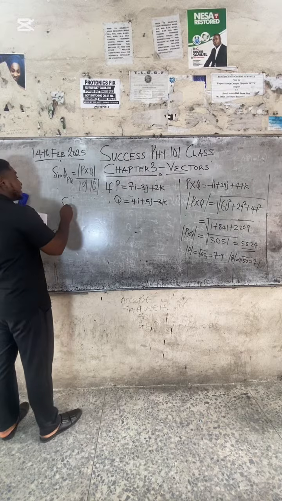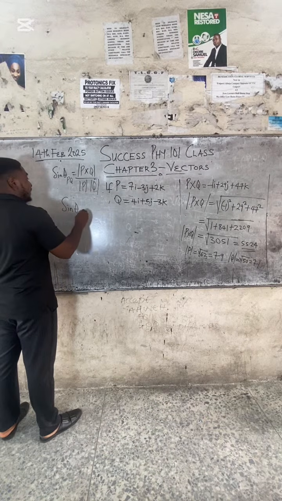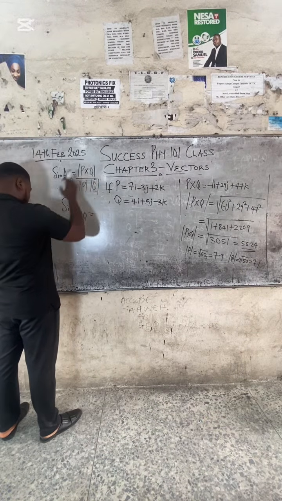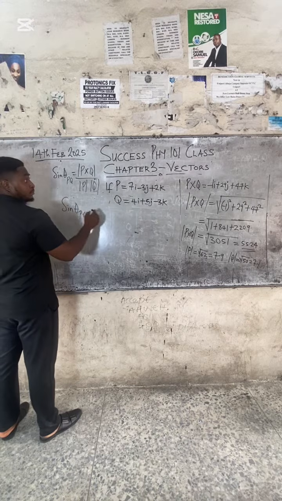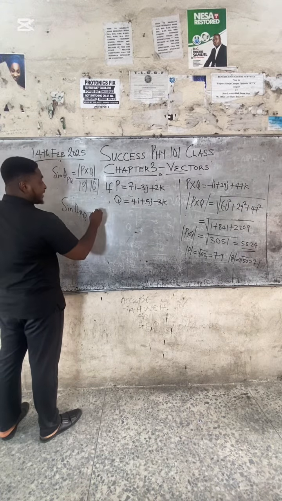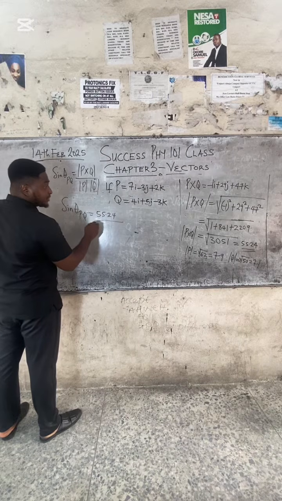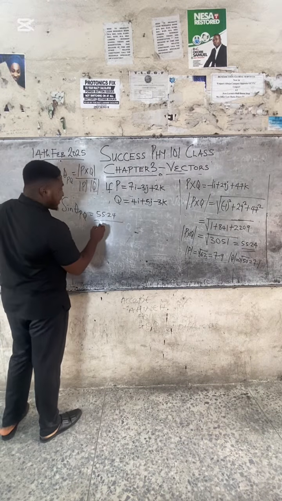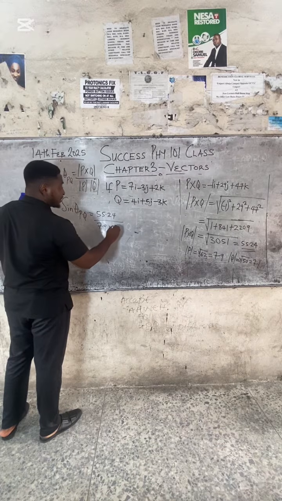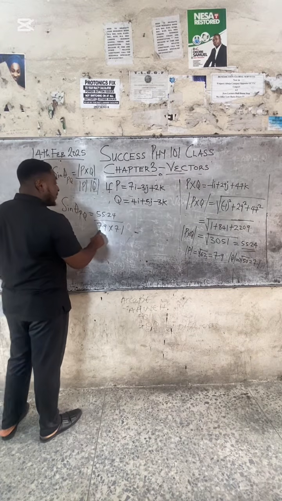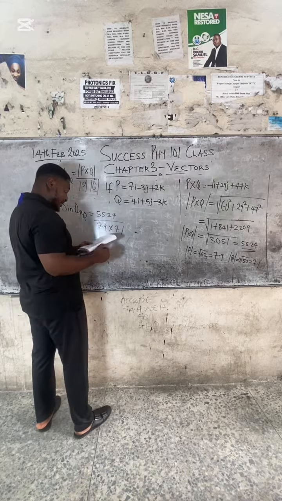Class, sine theta PQ is equal to, what's the magnitude of P cross Q? The magnitude of P cross Q is 55.24. The magnitude of P alone is 7.9, and the magnitude of Q is 7.1. 7.9 times 7.1 is 56, right?